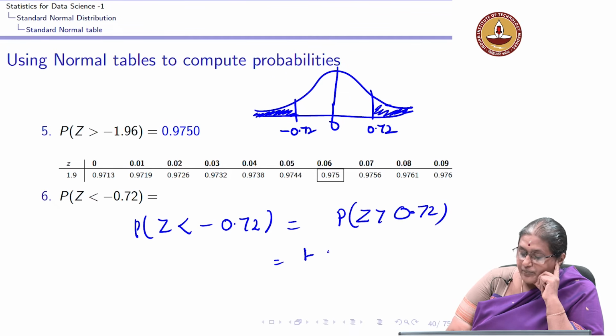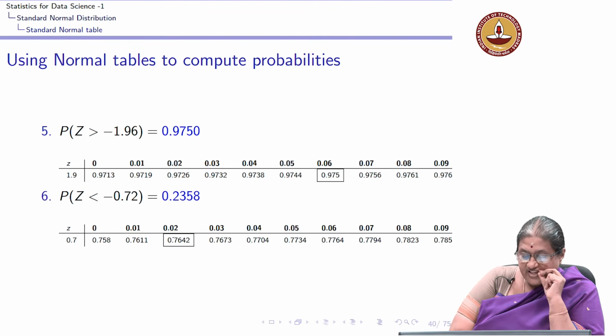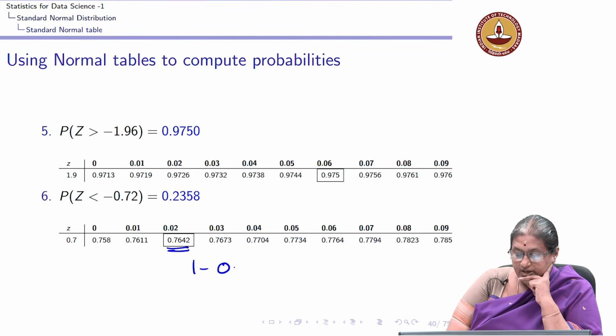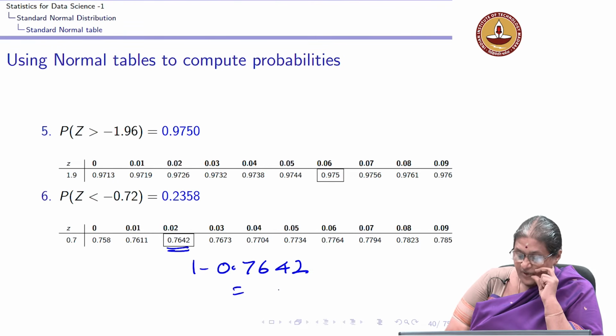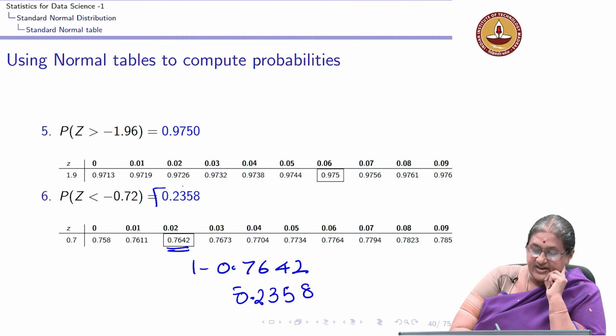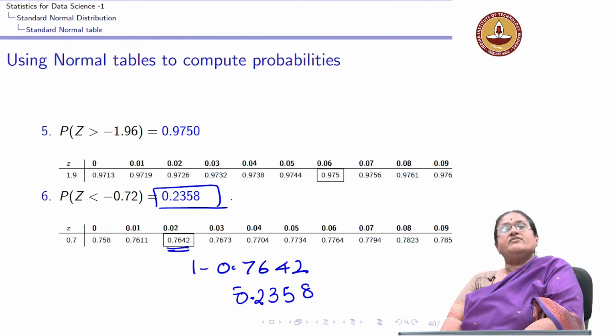Z greater than 0.72 is 1 minus probability z is less than 0.72. I know that 0.72 gives 0.7642. 1 minus 0.7642 is going to be 0.2358, and that is the answer we have here.